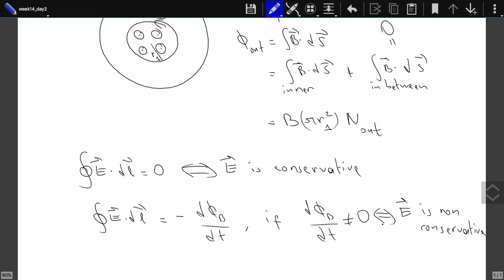Well, you can actually go both ways. If the electric field is non-conservative, then the flux should be changing. And for the magnetic field, well, the magnetic field is not conservative anyway. Other questions?